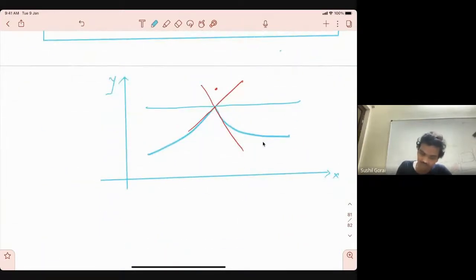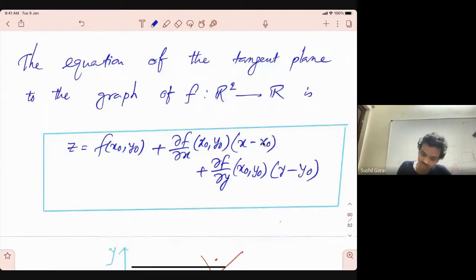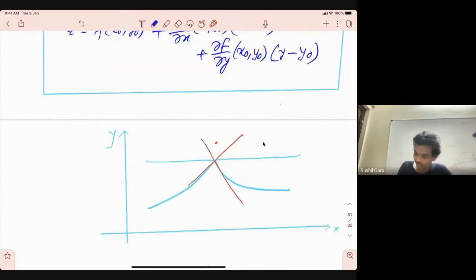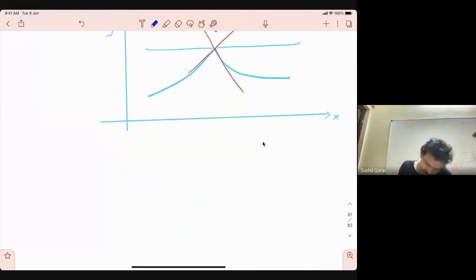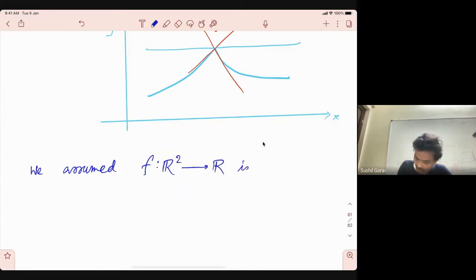All right. Now let's next look at what is the relation between this and the linear transformation lambda, right? So we assumed f from R2 to R is differentiable, let's say at x naught y naught.